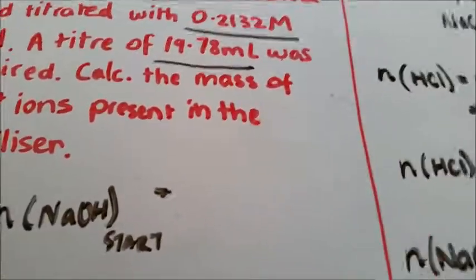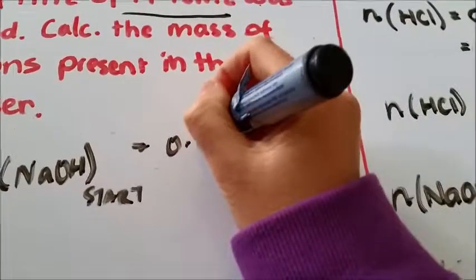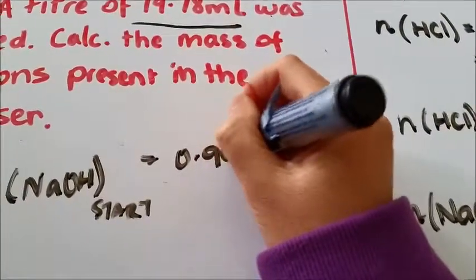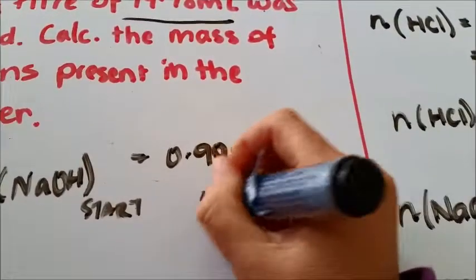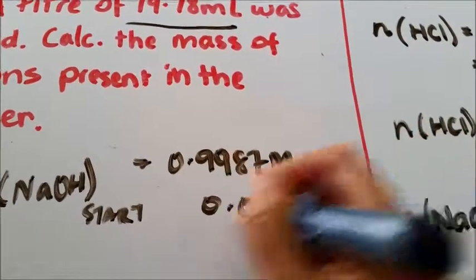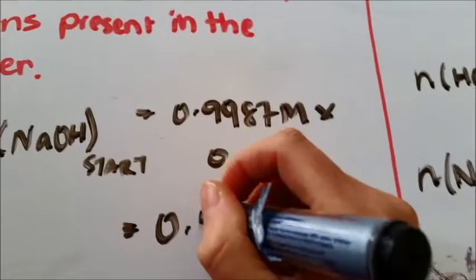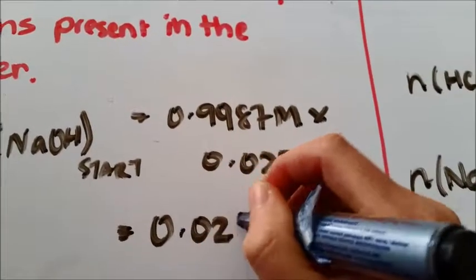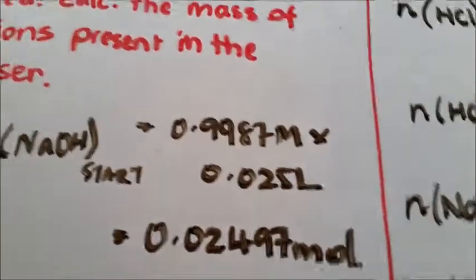That's going to be equal to 0.987 molar multiplied by 0.025 litres again, which is equal to 0.02497 mole. Okay, so this is how much we started with.